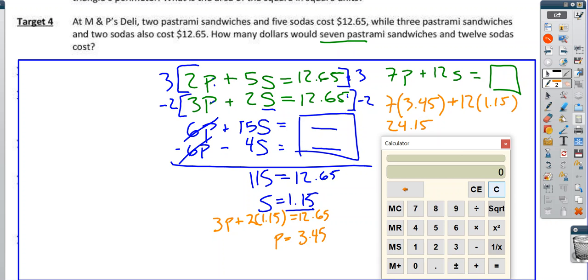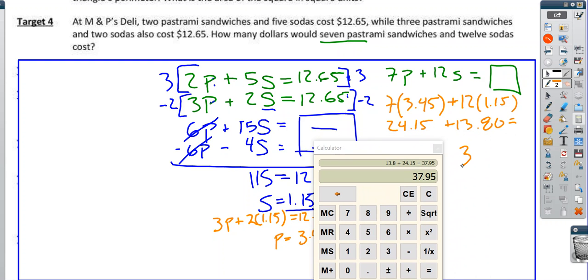And I'm going to multiply 12 times 1.15, and I'm going to get $13.80. And so when I add those two things together, 24.15 plus 13.80, I will get $37.95. All right, so that was 3 and 4.